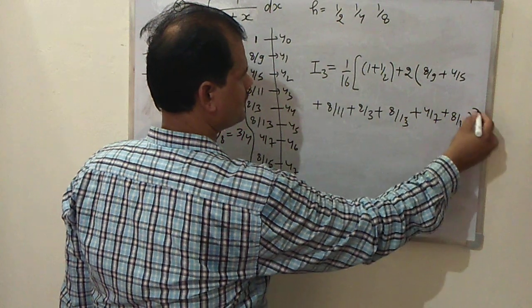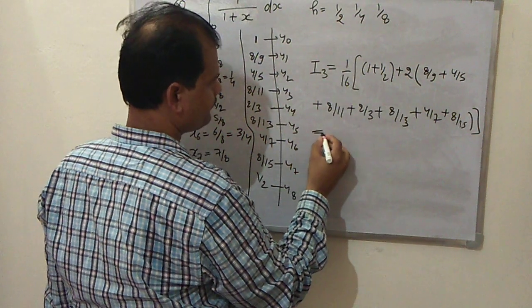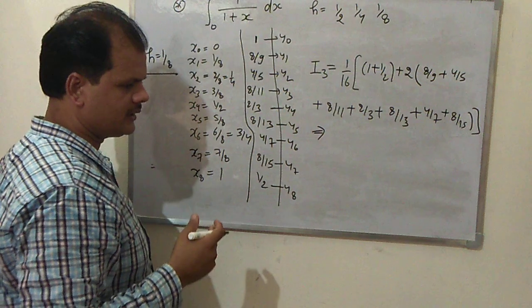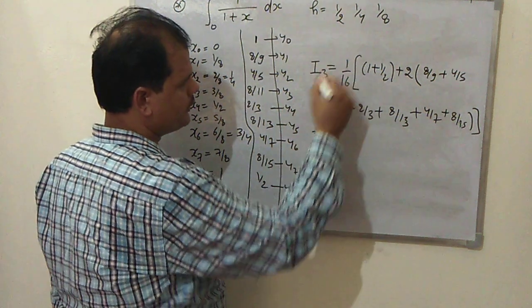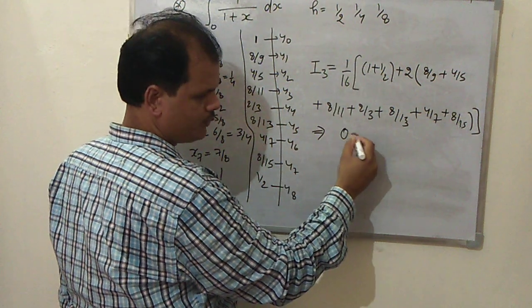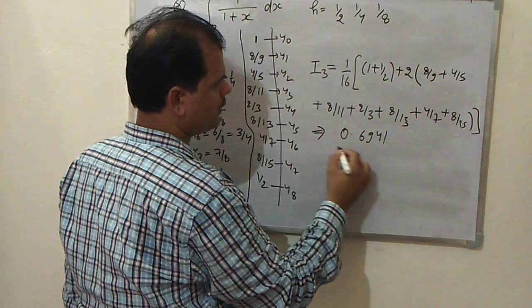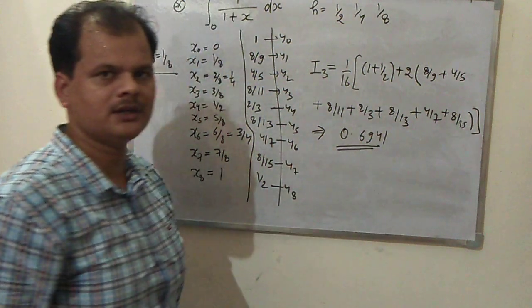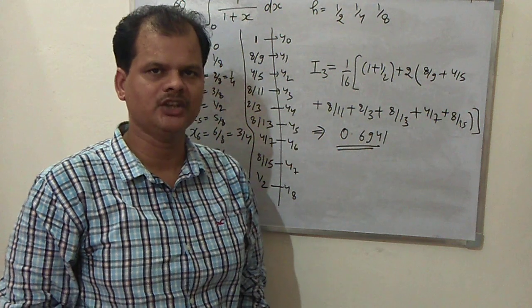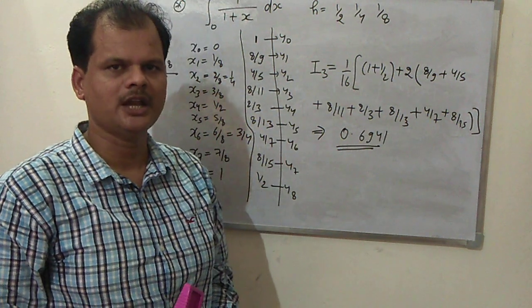Using the calculator you can solve, and if we simplify we get 0.6941. So these are your I1, I2, I3 using the trapezoidal rule.